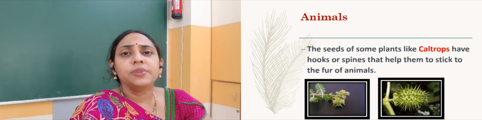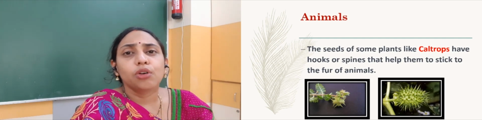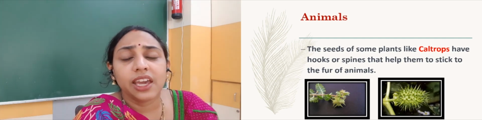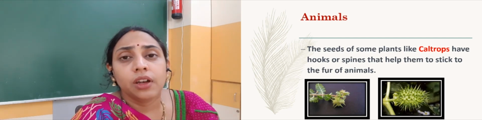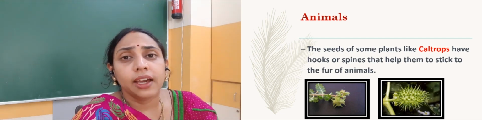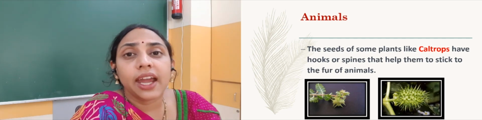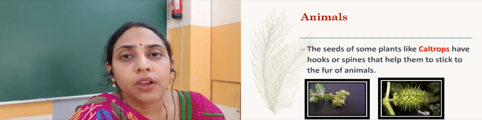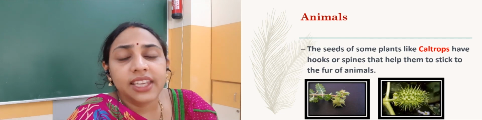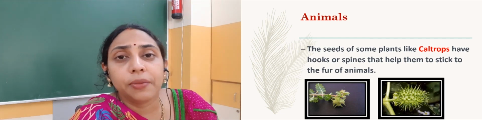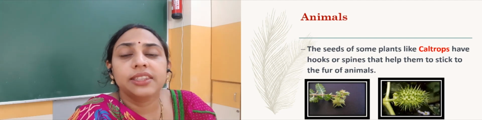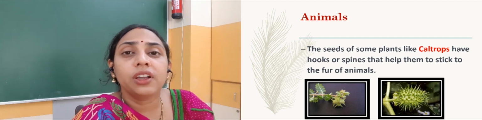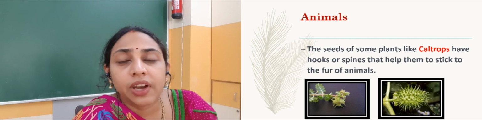Then some seeds have thorns in them, that means they have hooks, or we can say spines in them, right? So here the animals act like the agents. These seeds have hooks, and when animals eat these plants, the seeds get attached to the fur of these animals, right?